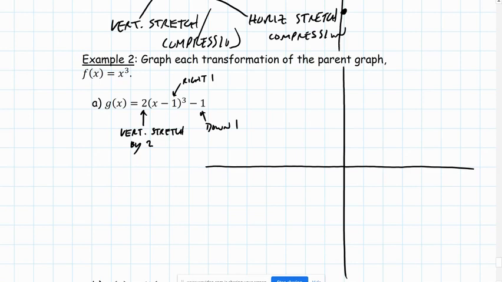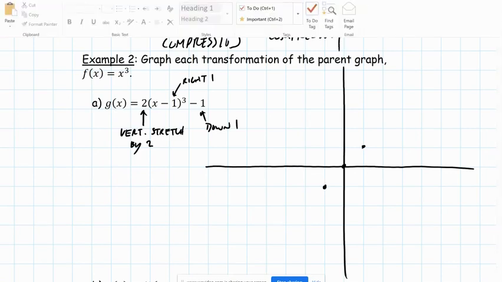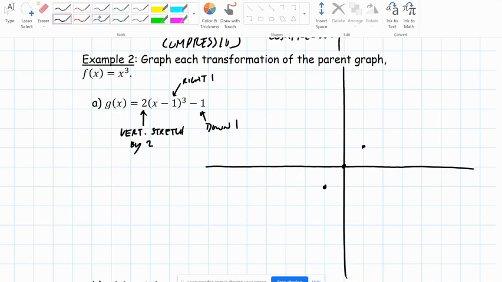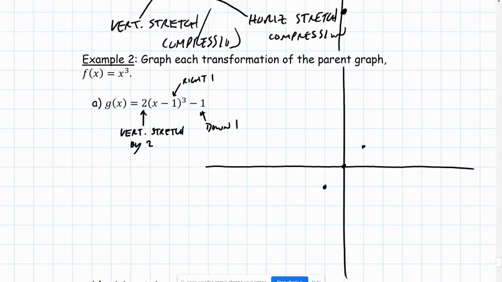And so if we start with our 3 anchor points from our parent graph, all the y values are going to get multiplied by 2. So this one has a y value of 1, and so when we multiply by 2, it stretches up here to 2. 0 stays at 0. -1, when we multiply by 2, becomes -2. And so that causes a vertical stretch to our graph, so now it would be a little bit steeper.